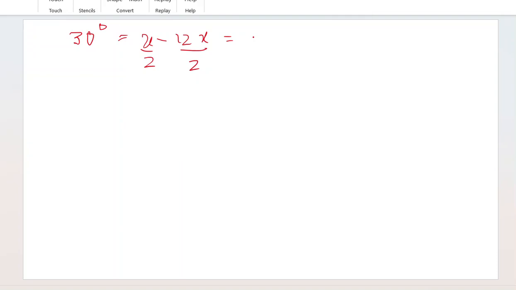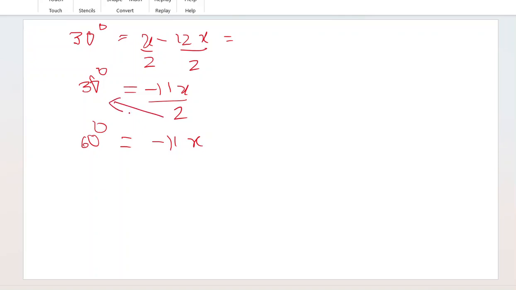This will be 30 degree is equal to minus 11x by 2. So I take the 2 there, I'll get 60 degree is equal to minus 11x. The 2 went here, 2 times 30 is 60, and therefore I get 60 degree upon minus 11. Now over here we are getting a negative answer. This answer is wrong.